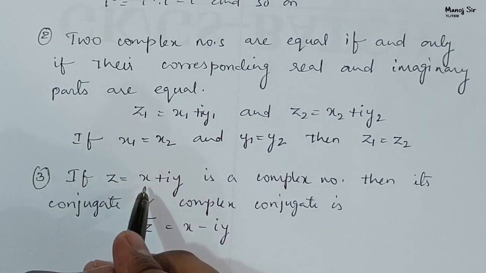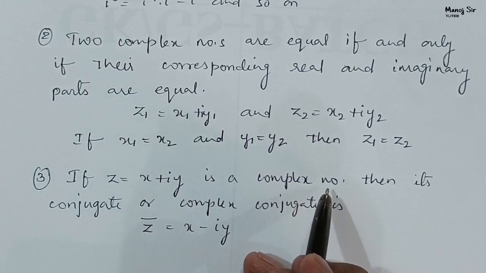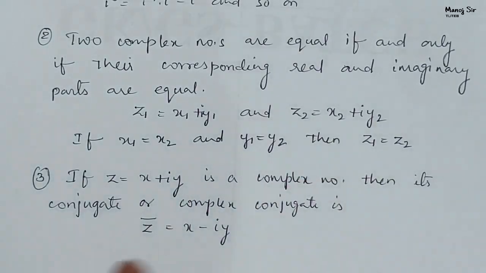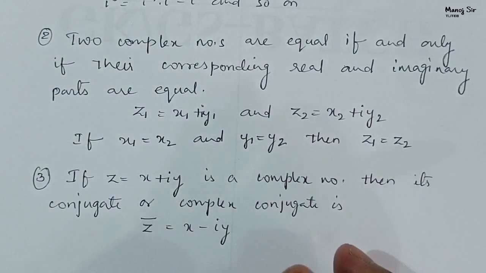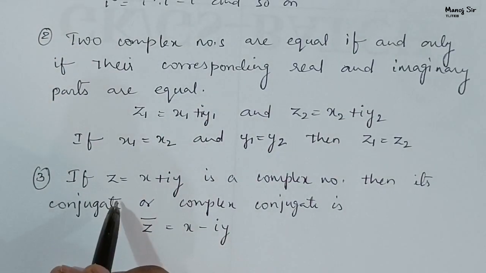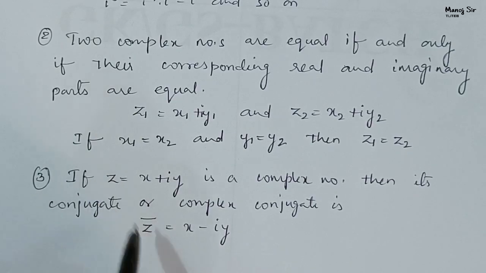Suppose z equals x plus i y is any complex number and you want to find the complex conjugate. You can say conjugate or complex conjugate, and it is given by simply putting a bar on this z, that is z bar equals x minus i y.